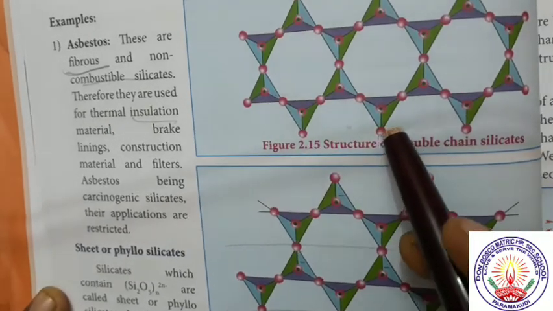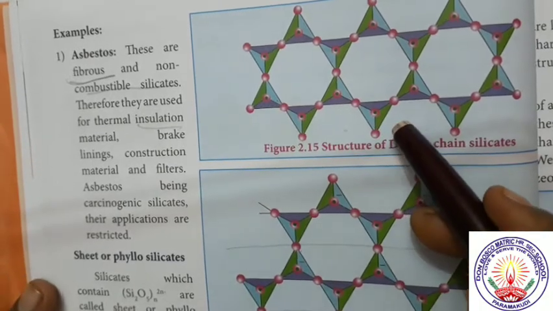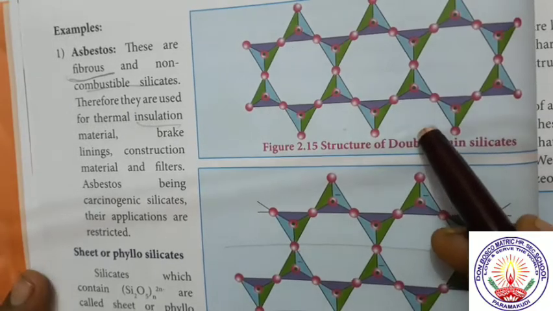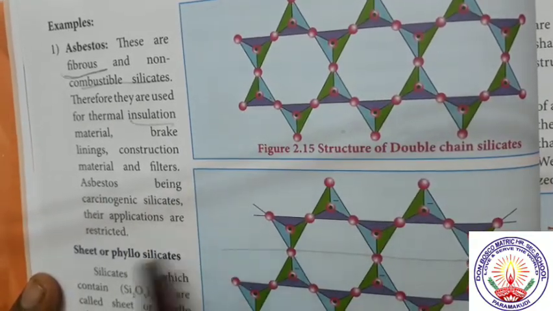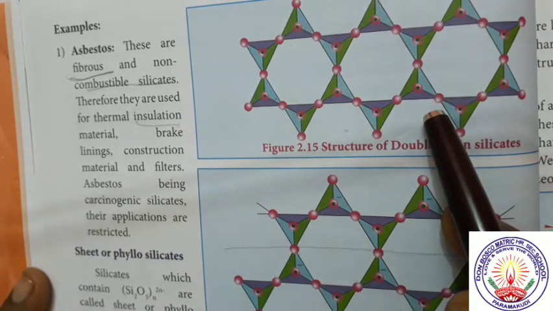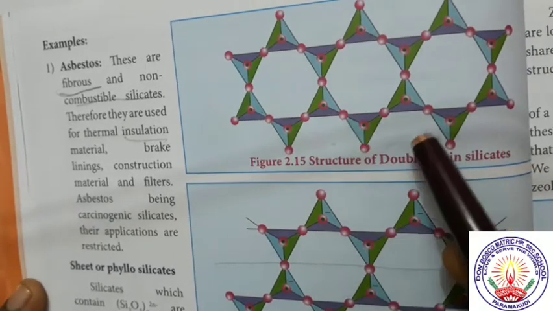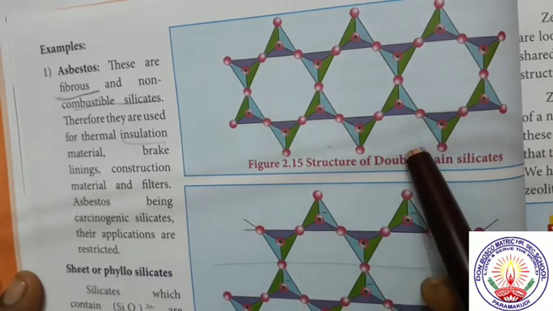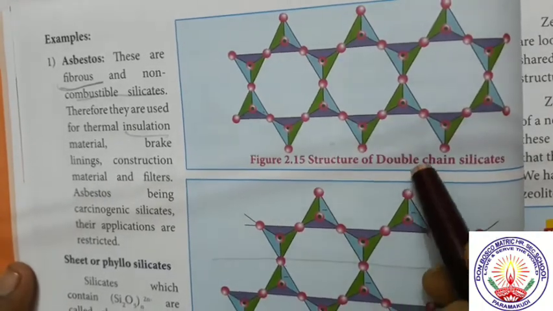They have a huge capacity of heat resistance, therefore it is non-combustible. So this is used in constructions and all. It is carcinogenic, and yet it is used in most applications.